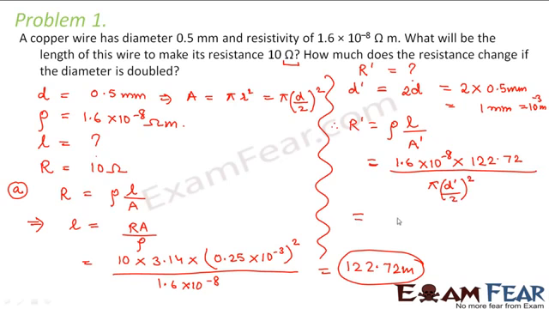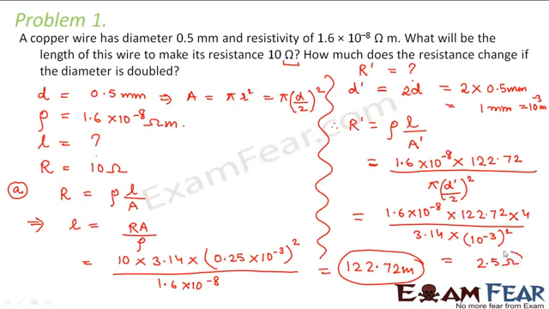So this is equal to 1.6 into 10 to the power minus 8 into 122.72 divided by 3.14 into 4 into D dash square, that is 10 to the power minus 3 whole square. So this value comes out to be 2.5 ohms. So this would be the value of the new resistance if the diameter is doubled.